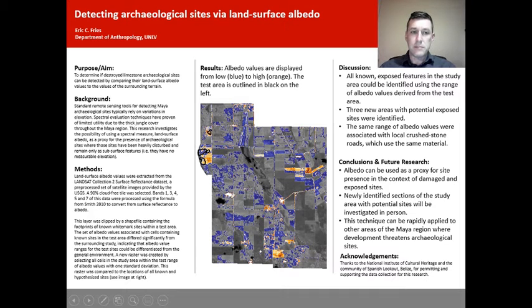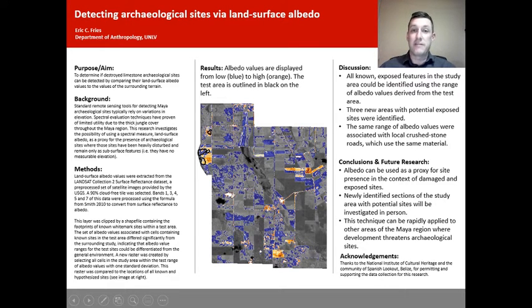I then took this albedo layer that I had created, and I clipped it by a shapefile which contains the footprints of all the known white mark sites that I've located within a constrained test area where I knew there was lots of exposed limestone. I then looked at the set of albedo values for all the cells in that area, and I compared them to the cells for the entire research area.